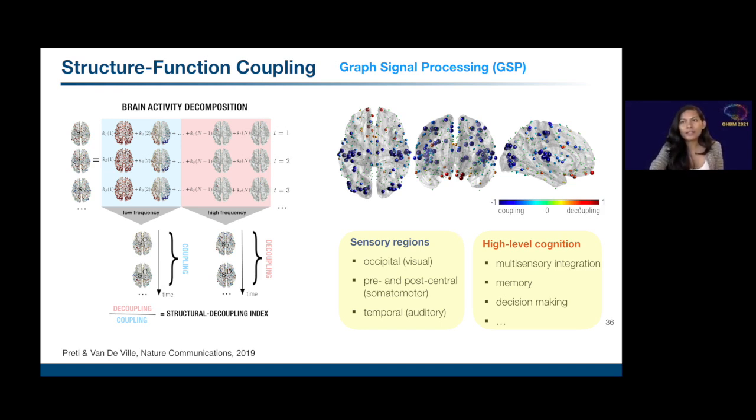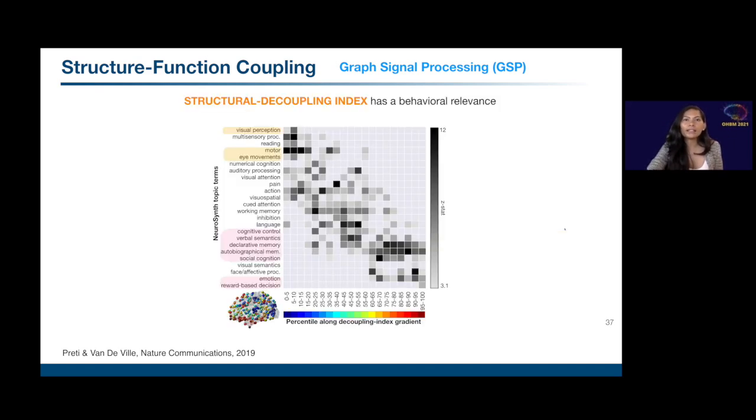And if we feed this information into a Neurosynth meta-analysis, where we look at the percentile of the structural decoupling index and plot that with respect to the topical terms that describe the different cognitive processes, we observe that indeed low decoupling index is associated with less complex tasks, whereas higher order cognitive tasks are more associated with a more decoupled index.